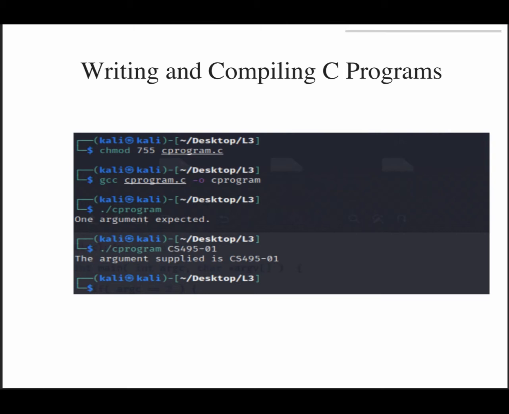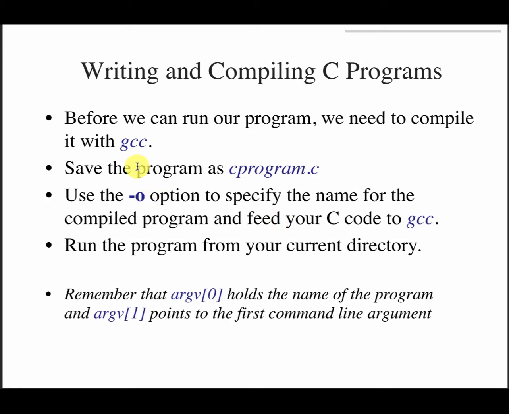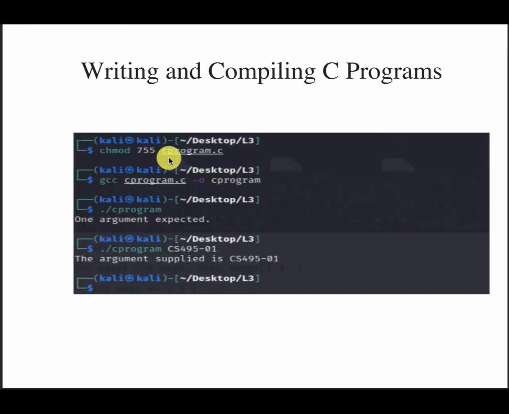Okay. Writing the code in the C language, you know that you have used GCC. For example, you need to compile your code. Then you can use the -o option in order to specify the file name of the target compiled program that you're going to execute later. Of course, you need to change the mode if you want to make your code executable.